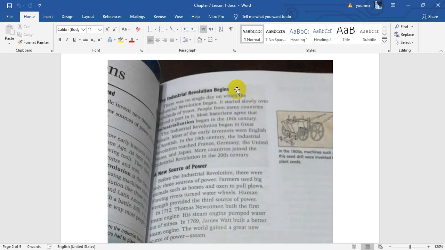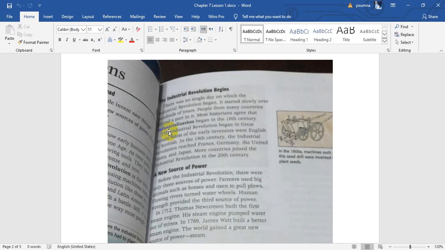People from many countries played a part in it. In many countries, not only in one country. Most historians, people who are writing the history or interested in history, agree that industrialization, it's from the industry, okay, began in the 18th century. So the industrialization began in the 18th century.